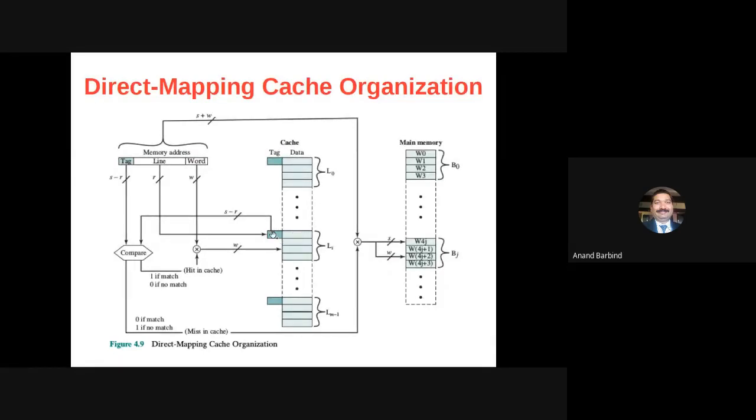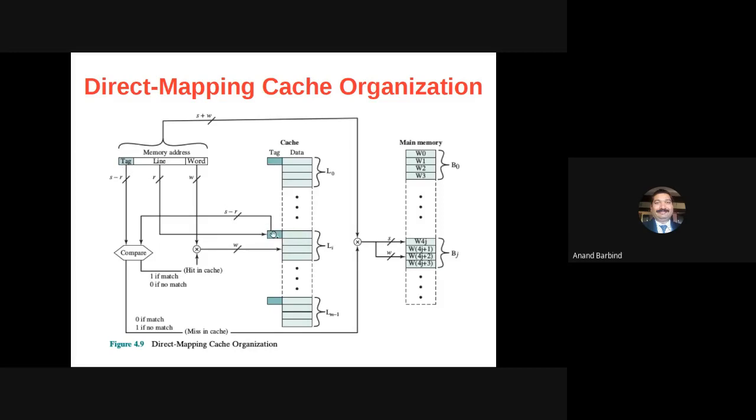Then at every line there is a tag. What is the purpose of that tag? The upper bits, the remaining bits of the memory address, are called the tag. This tag is stored at each line.